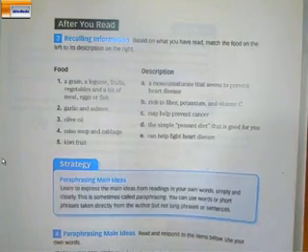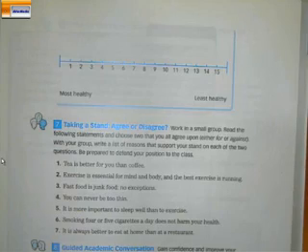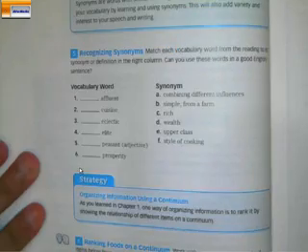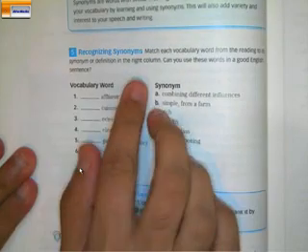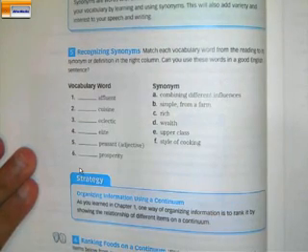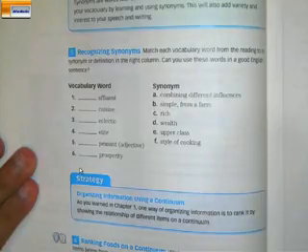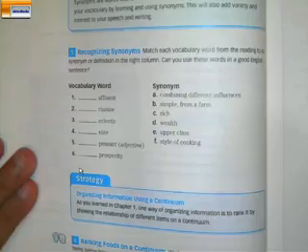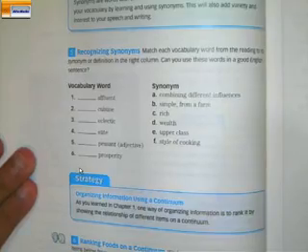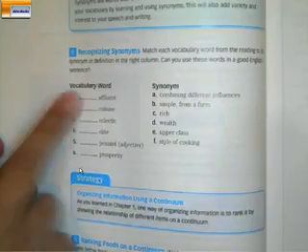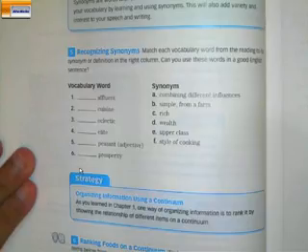We are going to study this on page 86. On page 86, we have synonyms. Synonyms are two words that have a similar meaning. For example, the words glad and happy. If you are happy, it is similar to glad. We also have the words reason and cause, and affluent and wealth.